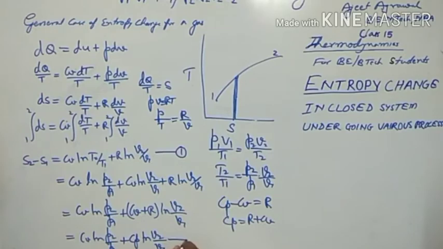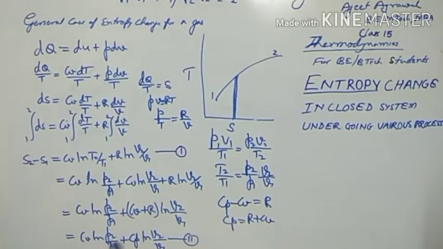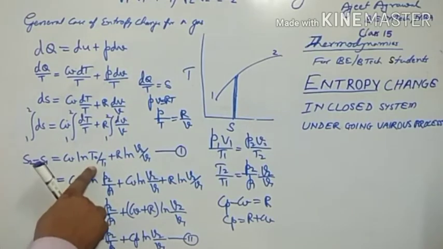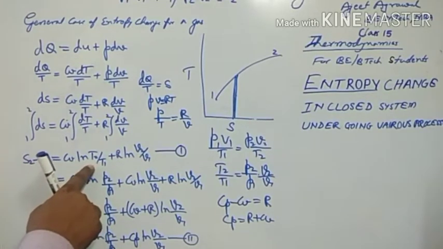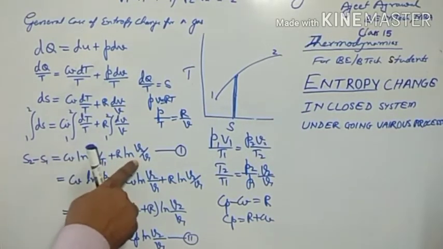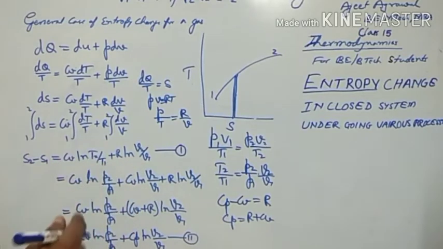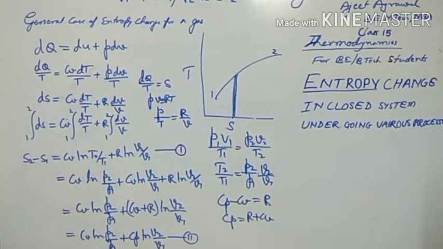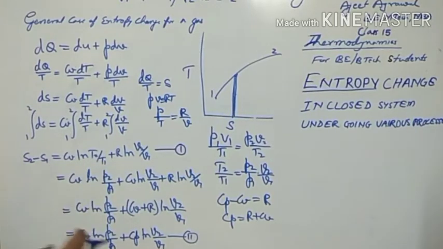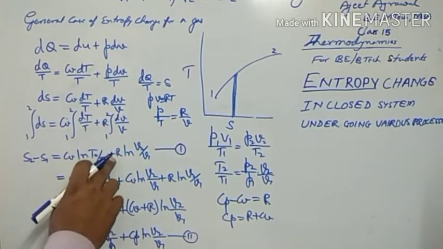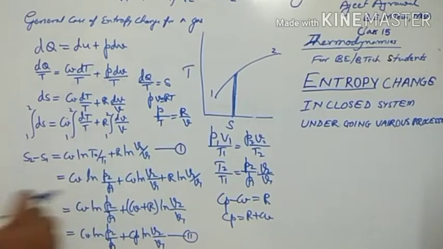So this is equation 2. This equation gives the change in entropy in terms of pressure and volume, and the previous equation gives the change in entropy in terms of temperature and volume. If we want the equation in terms of temperature and pressure, then we can solve again in a different way.